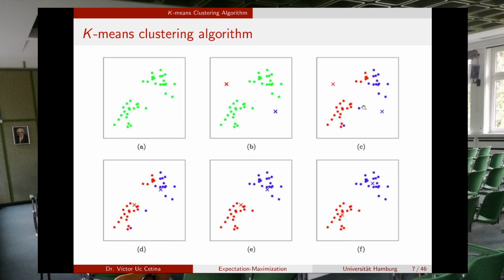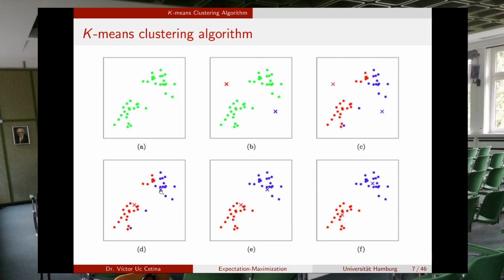In the second step of the algorithm, you check all the points that were assigned to the red centroid, and then you compute the average or the mean of these vectors, and in this case this cross here is indicating the location of the centroid. You do the same with the blue points, and here you can see the centroid of the blue points.